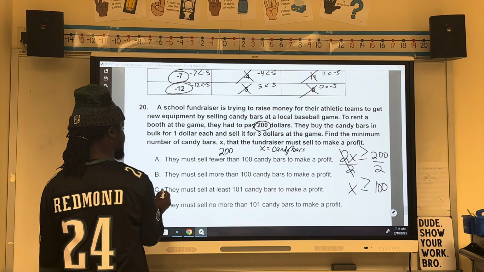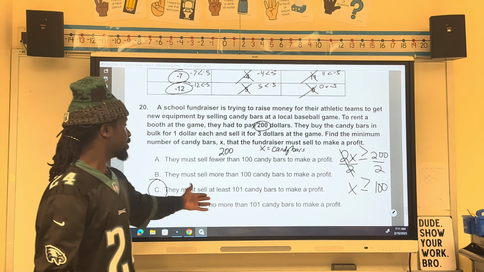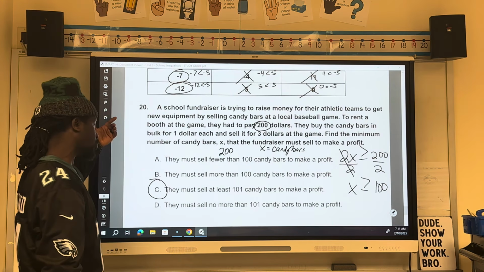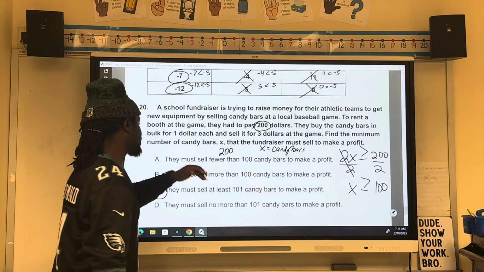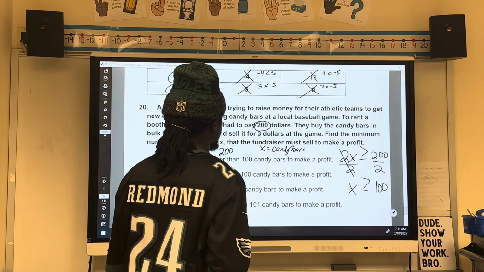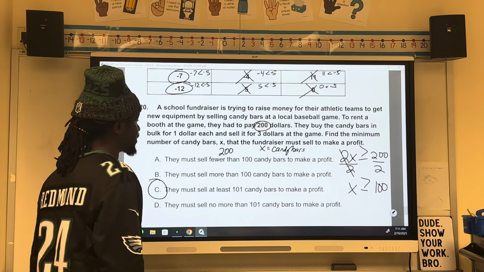They must sell at least 101 to get greater than 200. Because if they sell 100, that gives them $200. If they sell one more than that, 101, that gives them $202. So they must sell more. So C, they've got to sell at least 101 to make a profit.